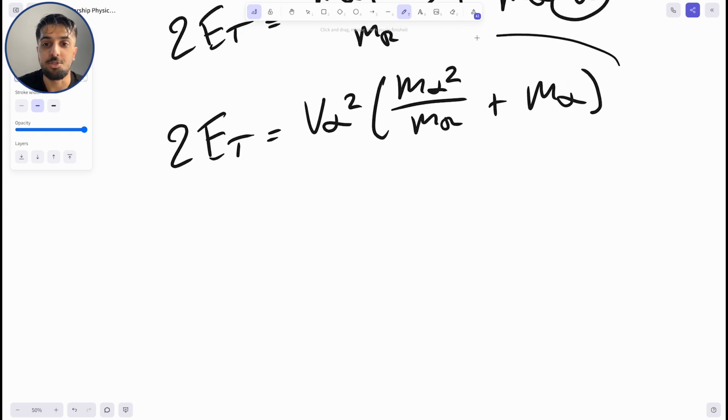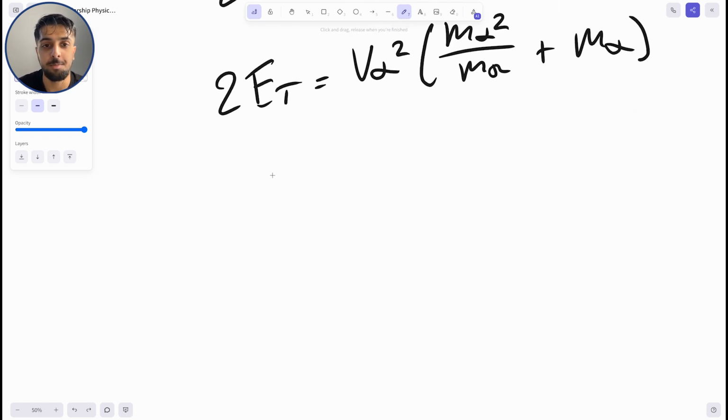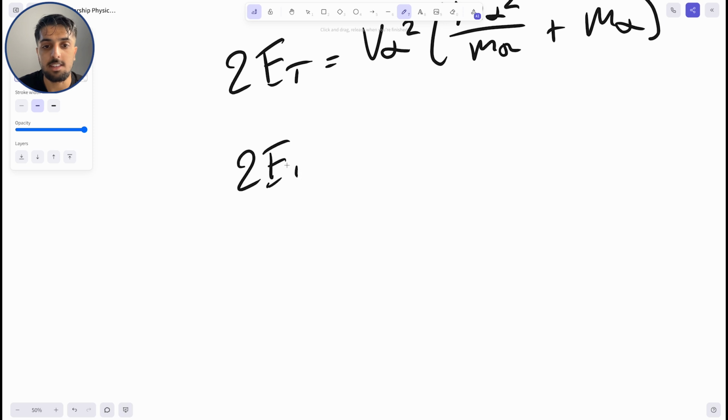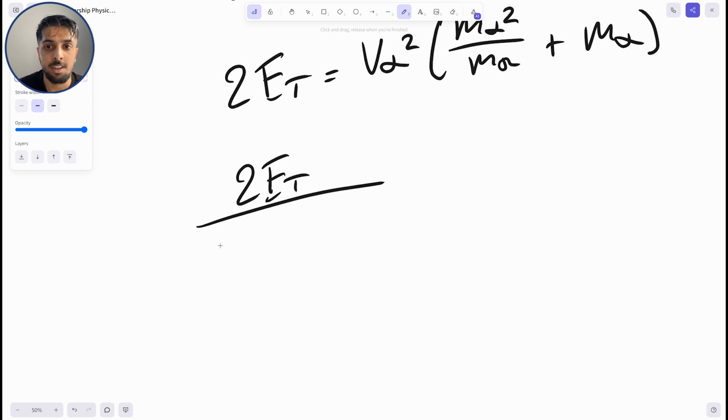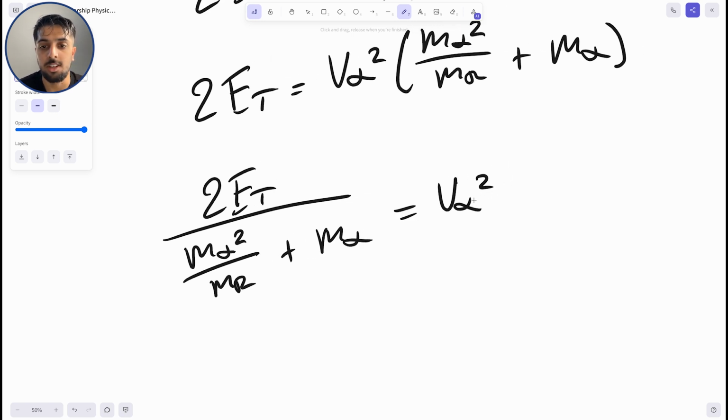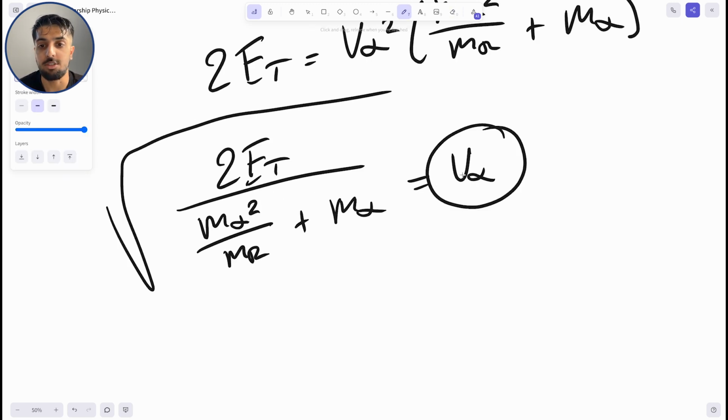Now we can divide both sides by this section right here, and we get 2Et all over m alpha squared all over mR plus m alpha is equal to v alpha squared. Now we can square root both sides to get rid of this power, and now we have the equation for the velocity of the alpha particle.